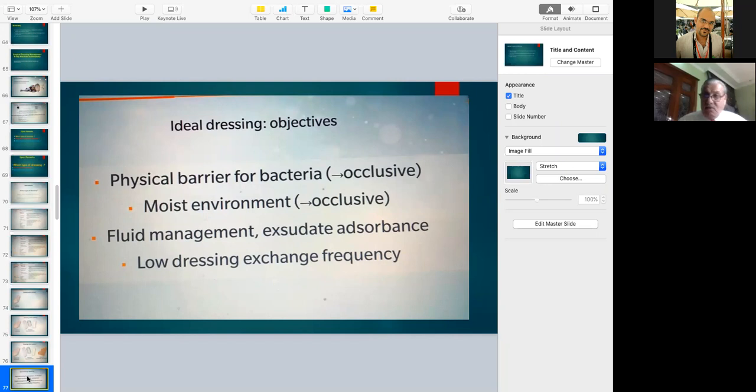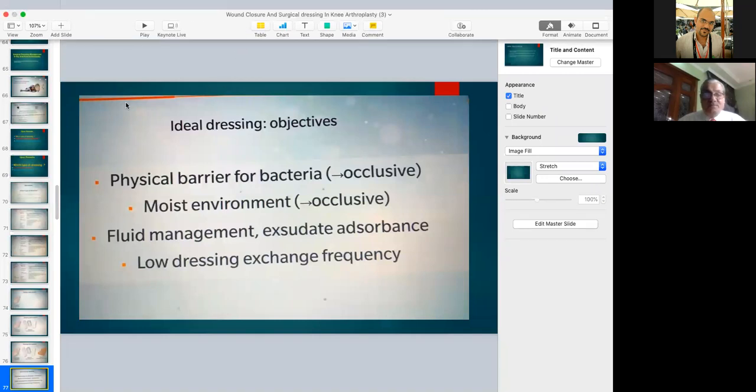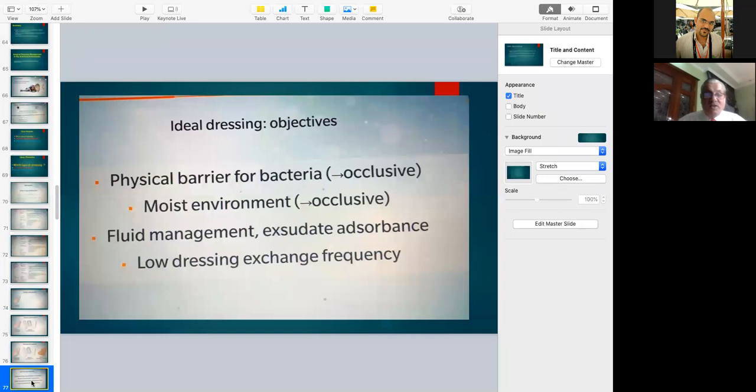And of course, we must keep in mind it has a low dressing exchange frequency. This is very important for us. So we're not going to change the dressing.